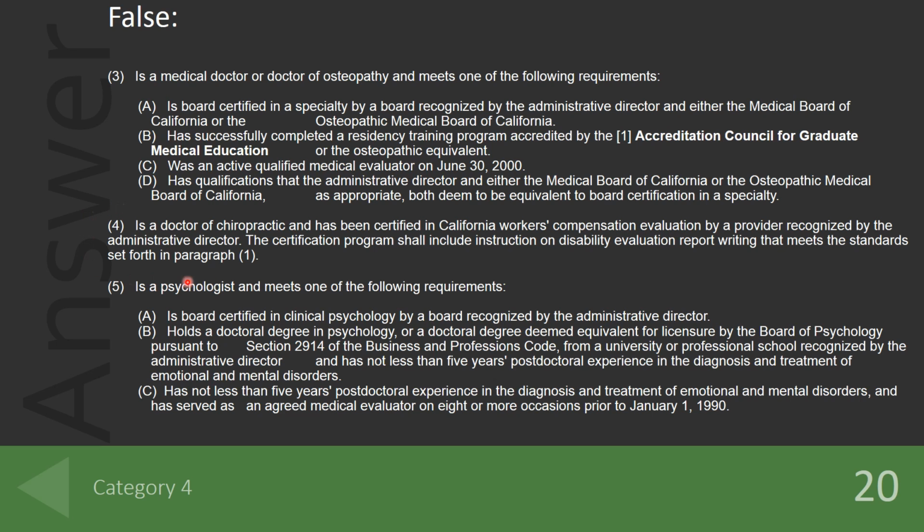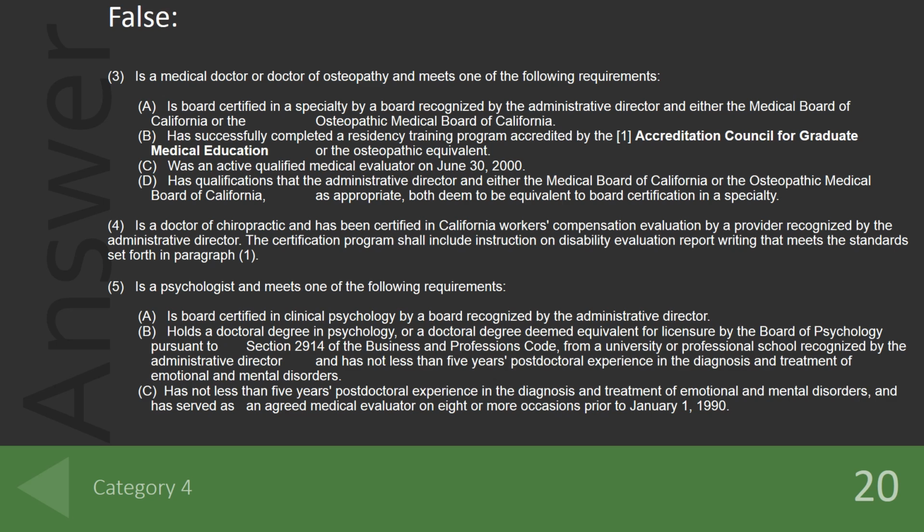And typically this involves a 44-hour course of instruction in various topics related to California Workers' Compensation, and it includes at least 12 hours on production of the QME report.